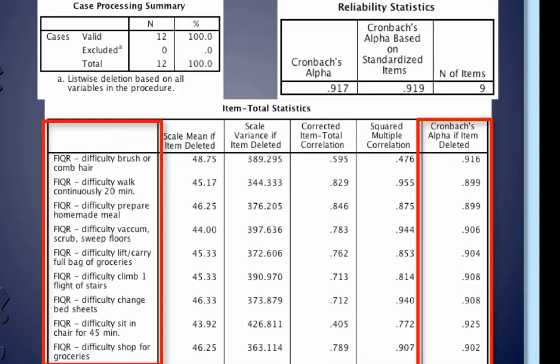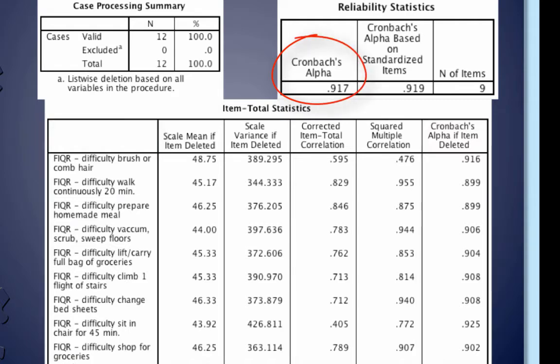We want our reliability coefficient, Cronbach's alpha, to be as close to +1 as possible. The bigger the number, the more reliable. In this case, with all 9 items, our Cronbach's alpha is currently 0.917.